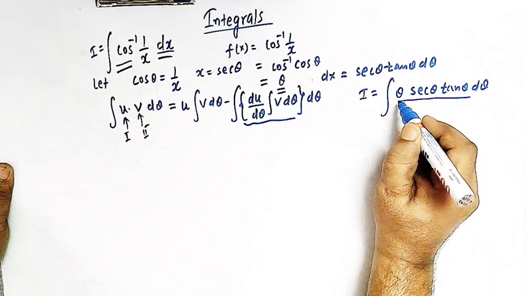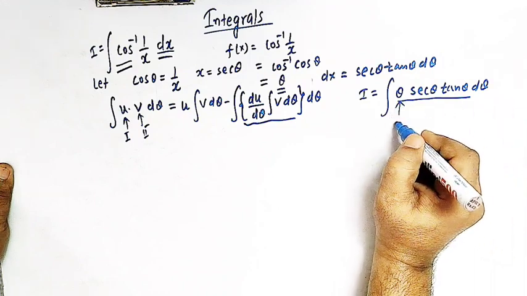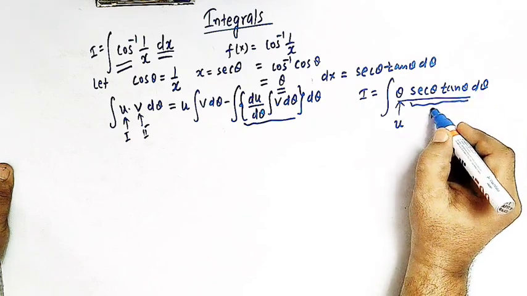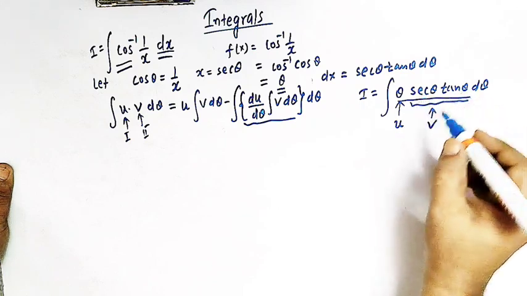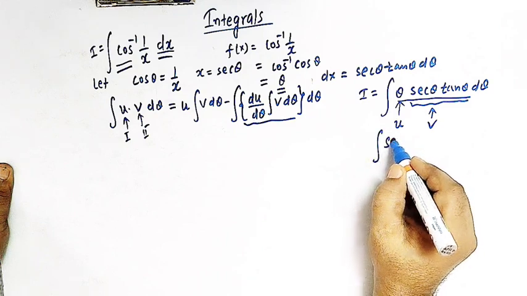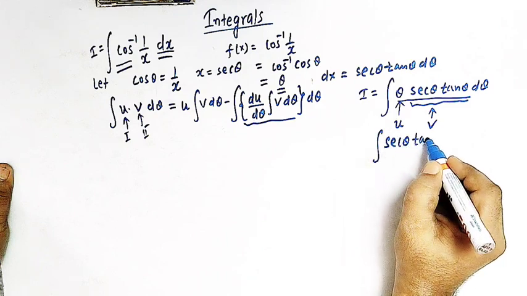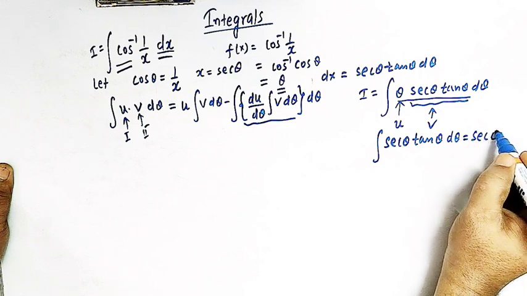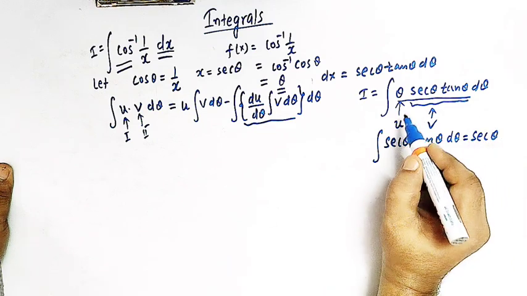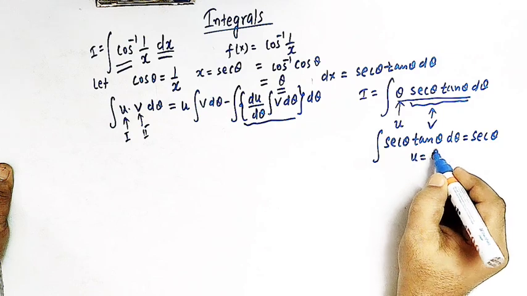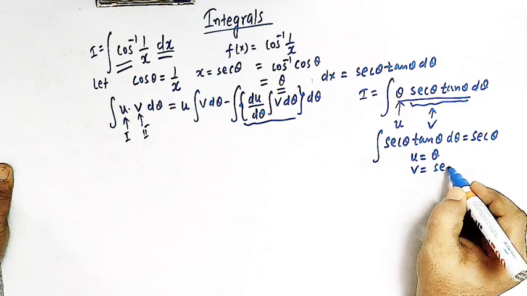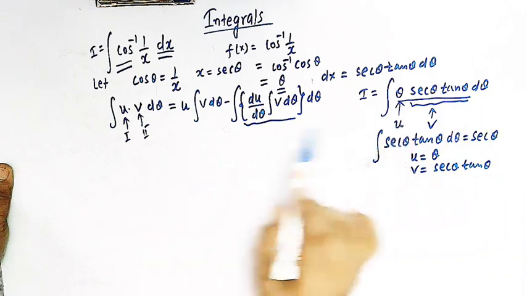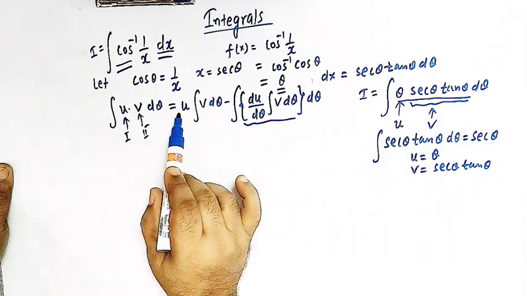We can take u as, say, theta, and v as this function, because we know that the integral of secant theta tan theta d theta is equal to secant theta, right? So now, taking u as theta and v as secant theta tan theta, we can now substitute the values of u and v in this result.